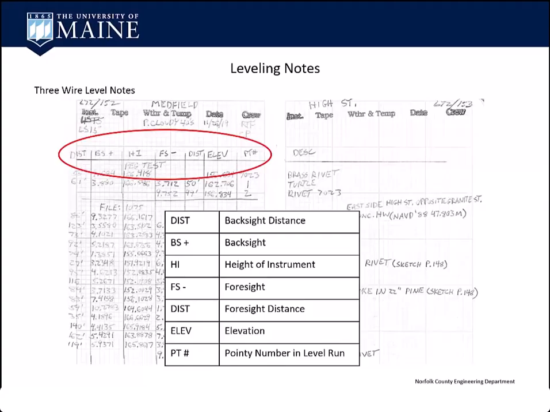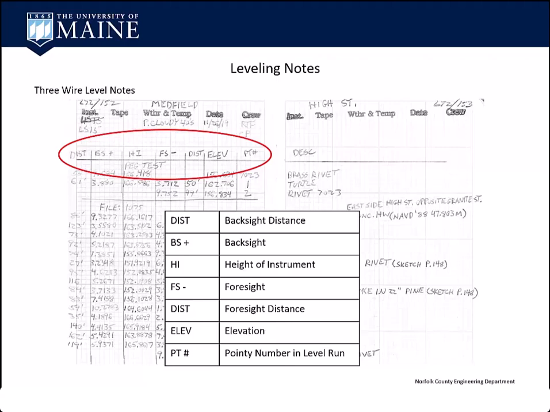In the very top of the page, you can see it says peg test. Anytime my guys would run levels, they would peg the level. It takes about 4 minutes to peg a level, and I'll show you a peg test later on at the end. But a peg test will ensure that the level is functioning properly, that there's no issues with it.